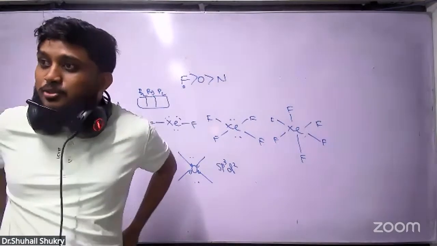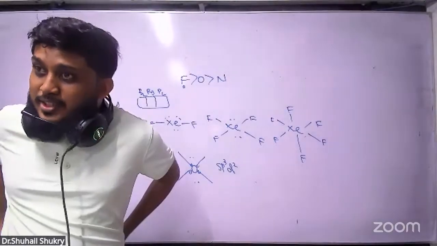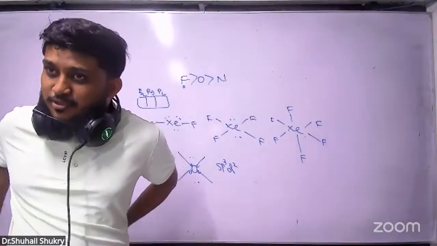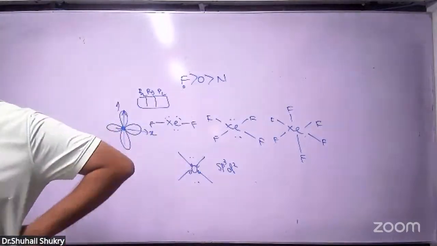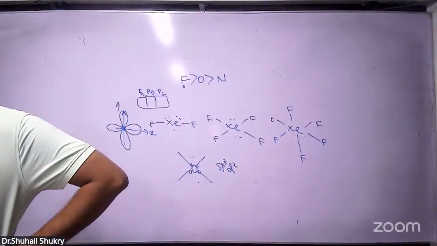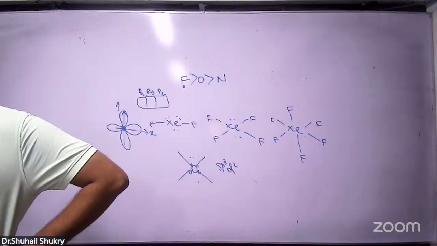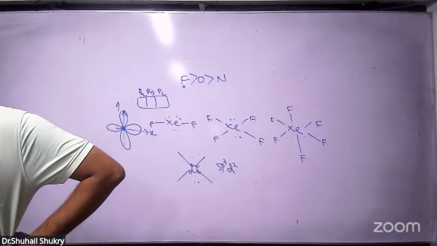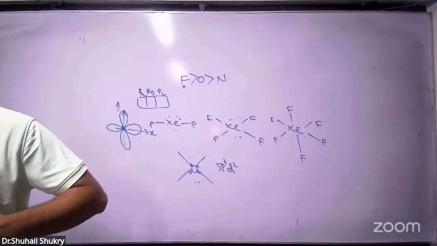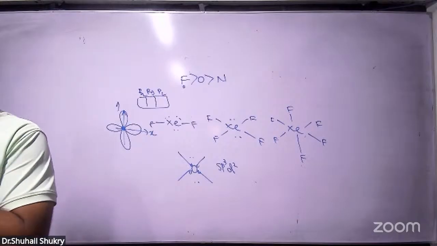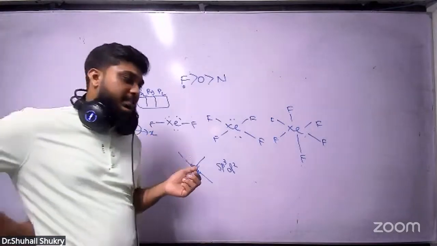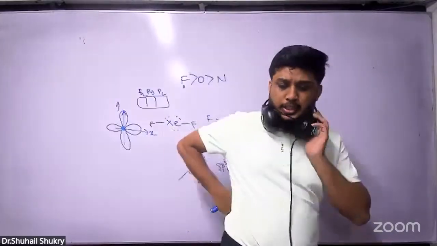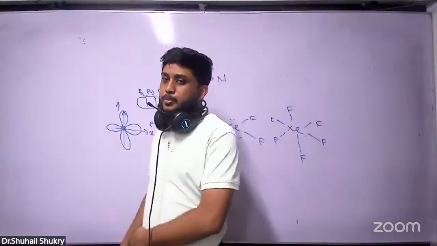Okay, powerful. But HF is a weak acid. HF is a powerful bond but a weak acid. Yeah, you can show that, but in the exam they don't expect that. If you write like this, that is sufficient: fluorine is the most electronegative element, therefore HF has the strongest hydrogen bond.